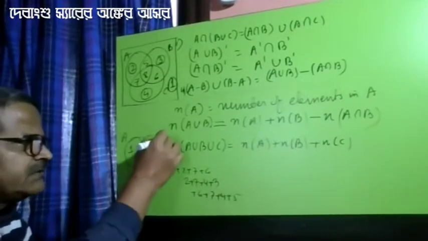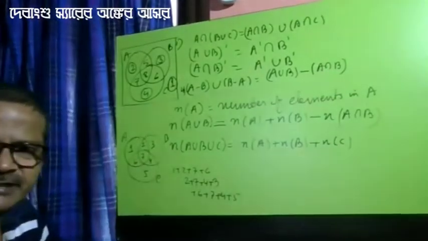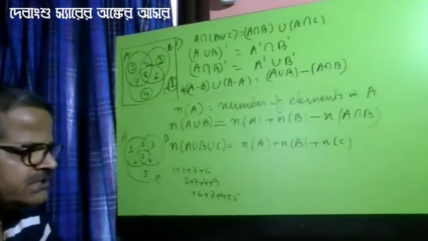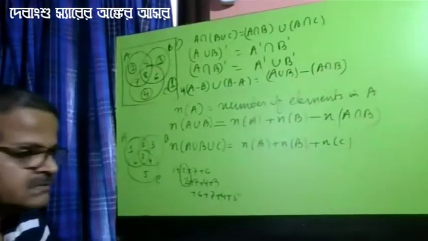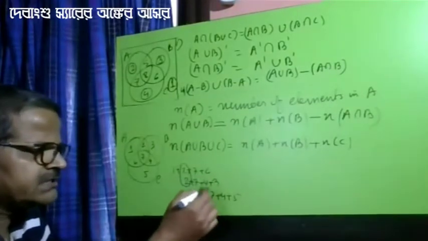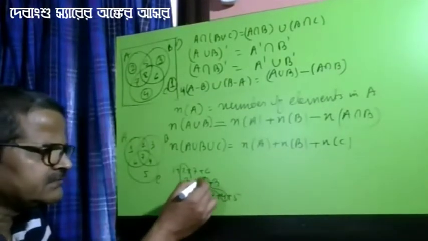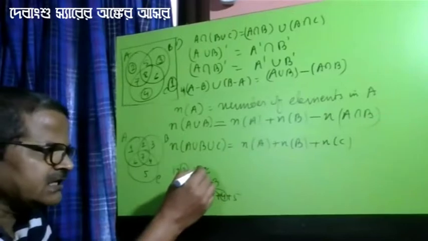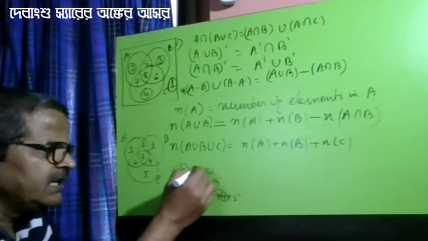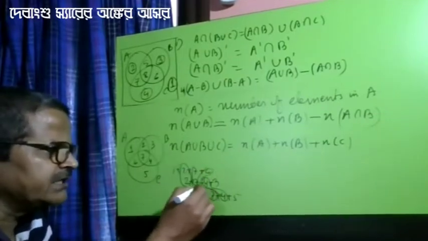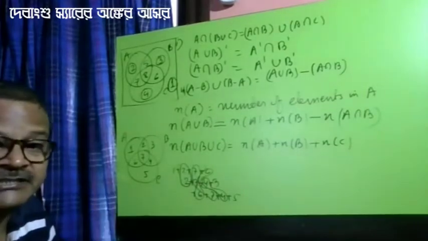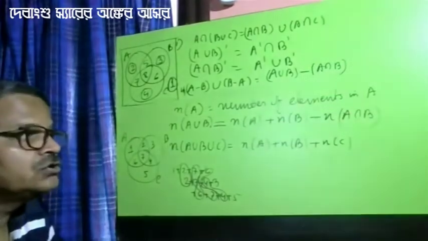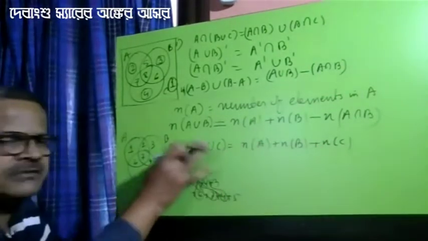Now if you see, 2 is counted twice, 6 is counted twice, 4 is counted twice, and 7 is counted 3 times. So this is not the sum of this.